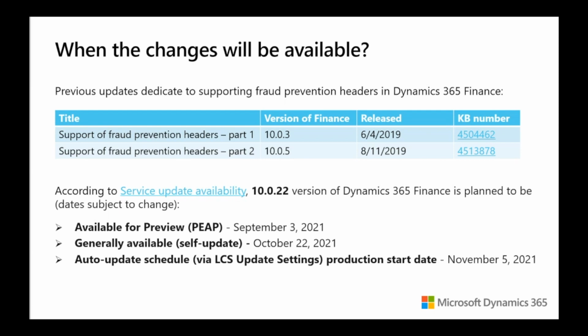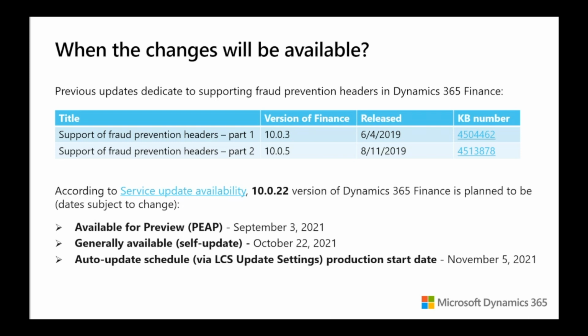Now the current update that covers the full scope of fraud prevention headers according to version 3.0 is included in version 10.022 of the Finance application. You can use the service update availability section on docs.microsoft.com or the link from this slide for more and actual information on dates of the monthly updates.